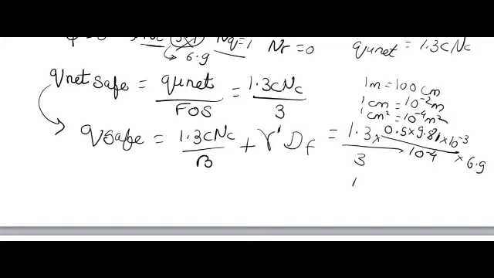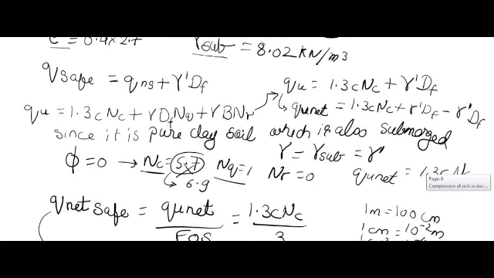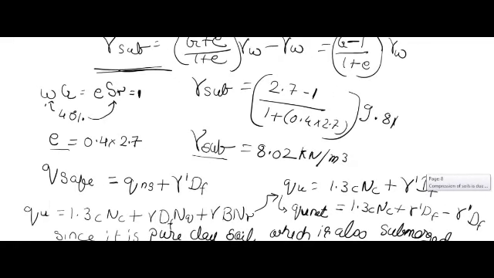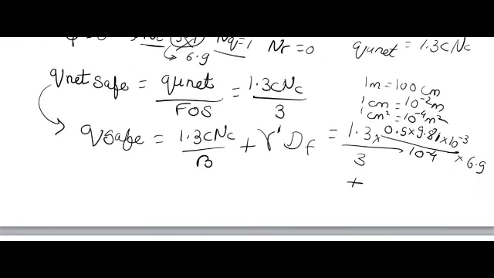And then 6.9 plus gamma dash. How much gamma dash have we calculated? Gamma submerged is 8.02.